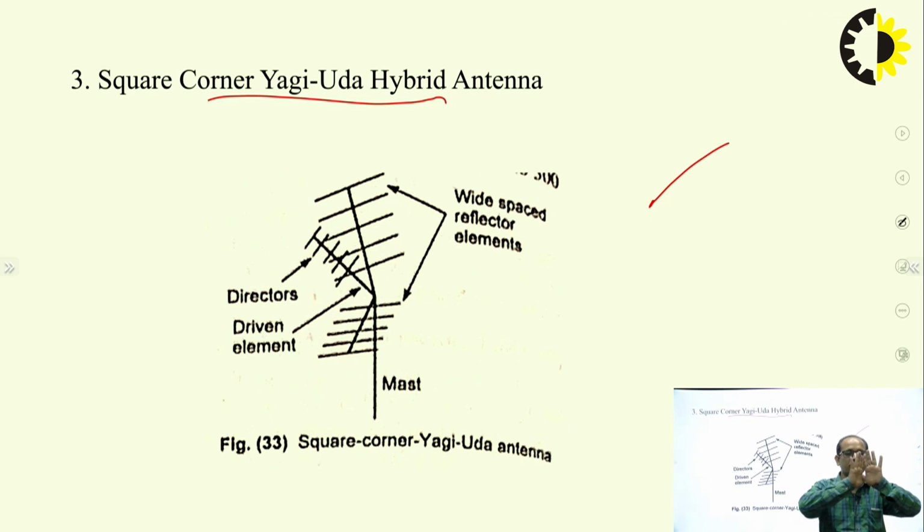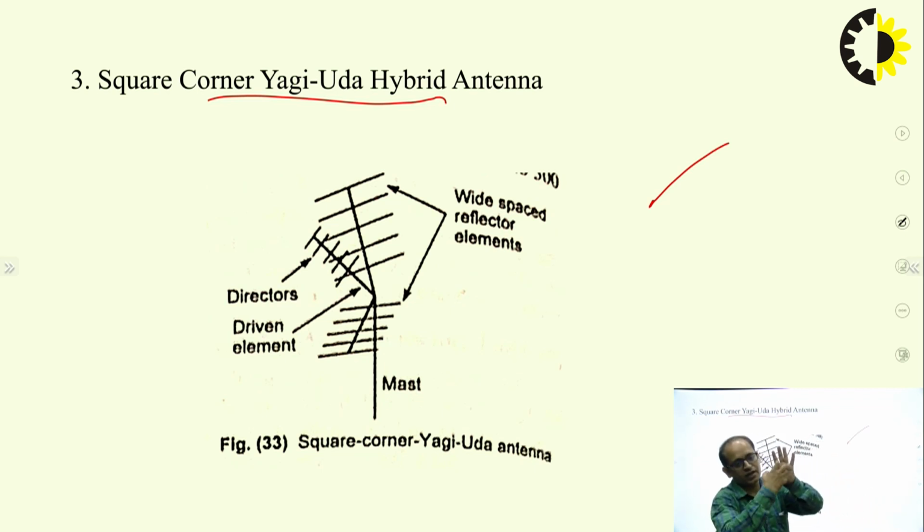These are the conductors attached to each other in the shape of a V. The waves which strike this square corner antenna get reflected back into the same direction. So this is one of the modifications.